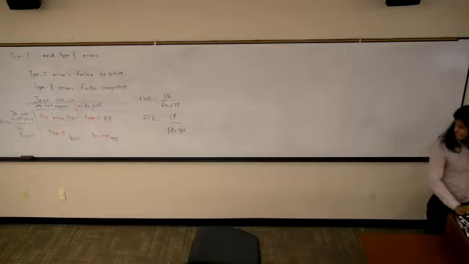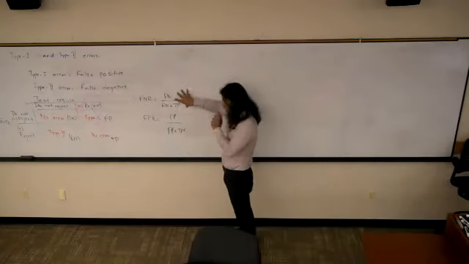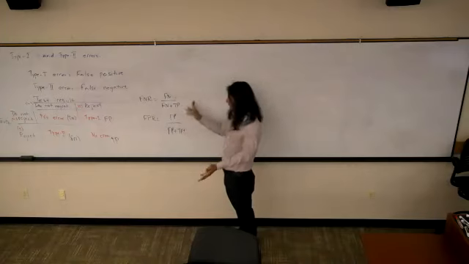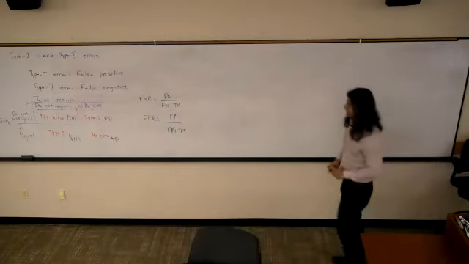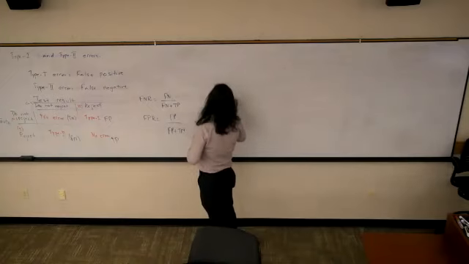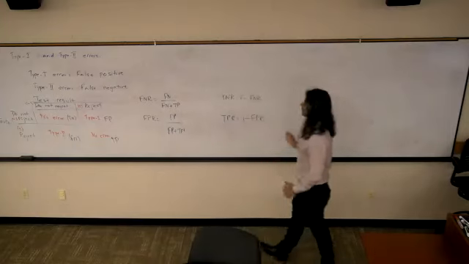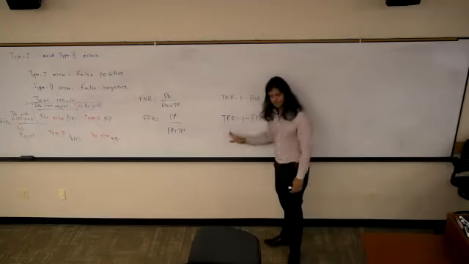There are different variations. So 1 minus this value would simply be the complement. It will give you the true negative rate. One minus the false positive rate would be the true positive rate.